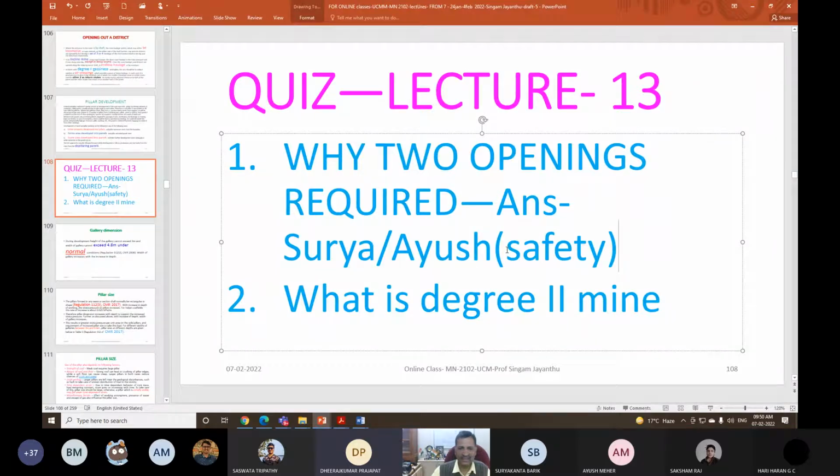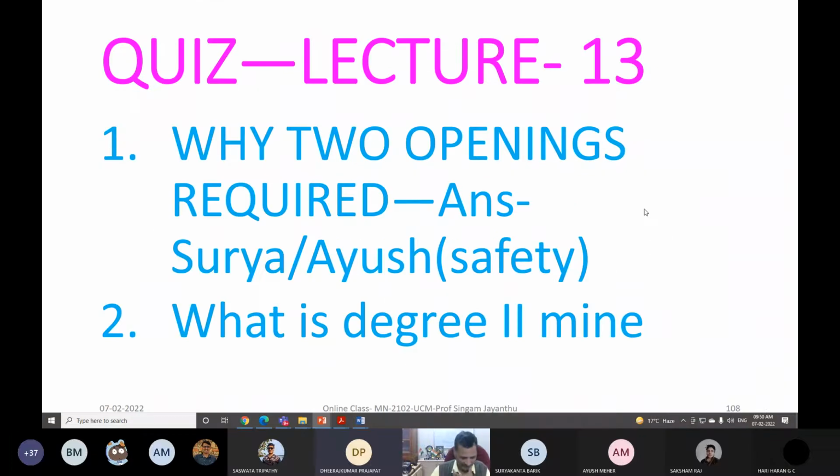Otherwise, no problem. So just to add something more for your purpose. Now you can imagine, suppose there is a 1 kilometer long tunnel or 2 kilometers, and the other side is blind.